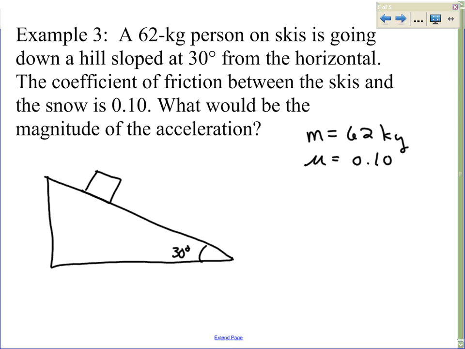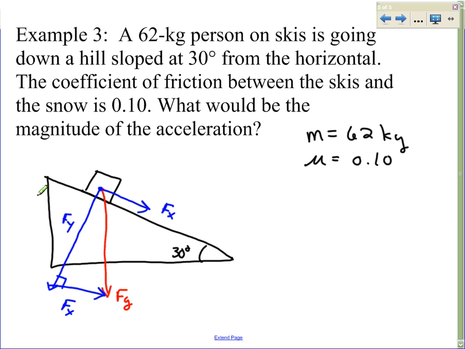Now, things to know. Weight in the downwards direction, Fg. Perpendicular to the inclined plane is Fy. Parallel to the inclined plane is F of x. And I can draw that down here as well. This angle is the right angle.